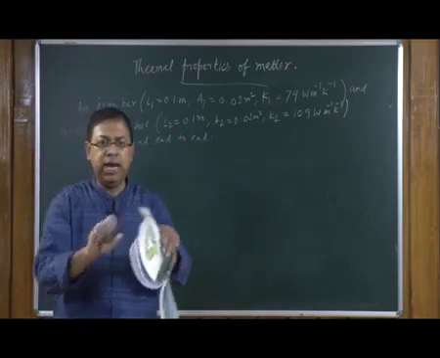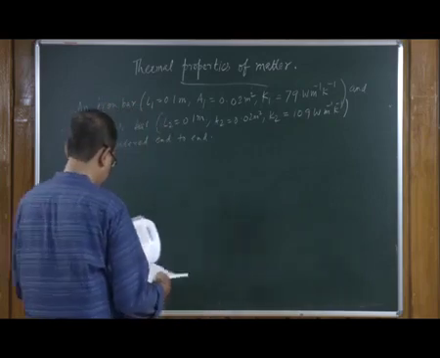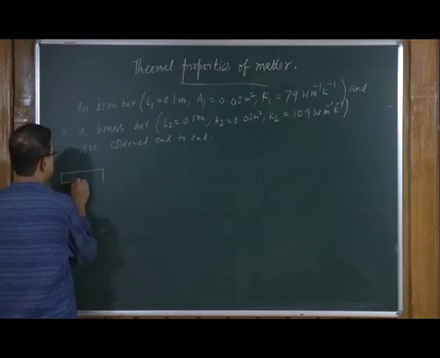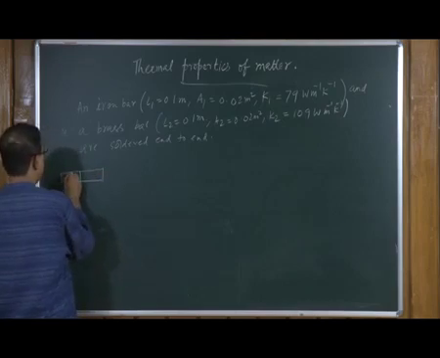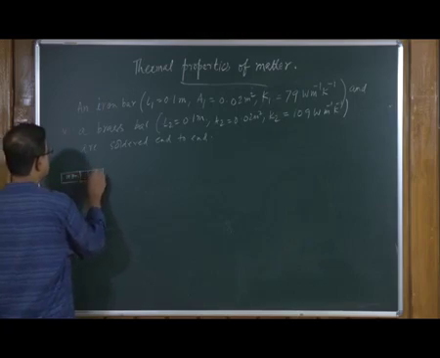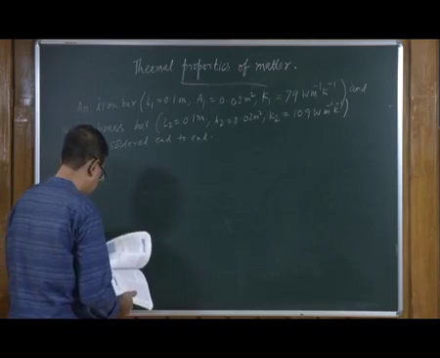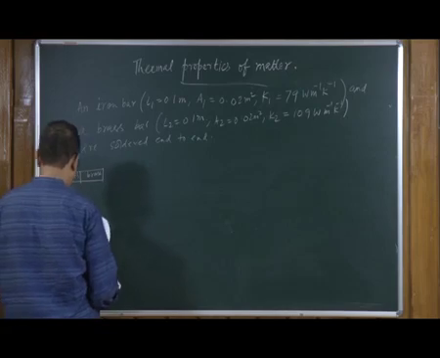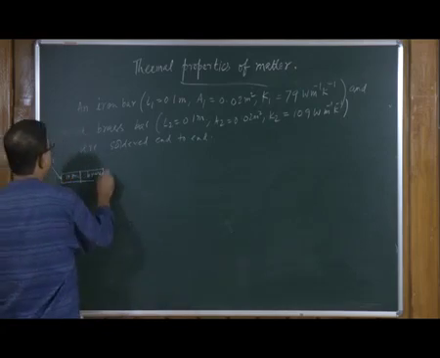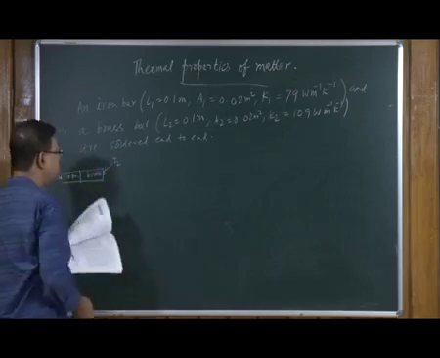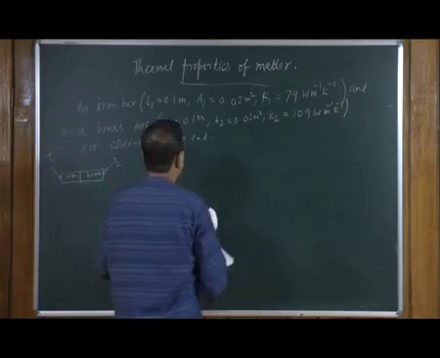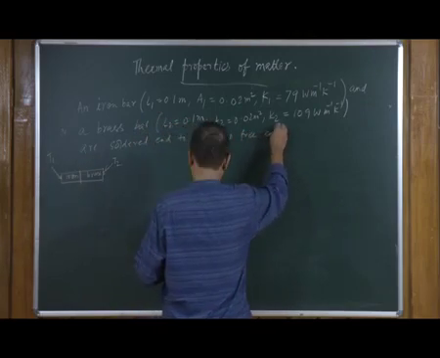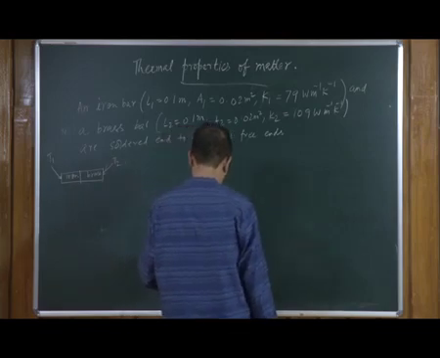Soldered means they are joined end to end, and this is the figure for that. So, this is iron and this is brass. This end is kept at a higher temperature, let us call it T1, and this end is kept at a temperature T2.